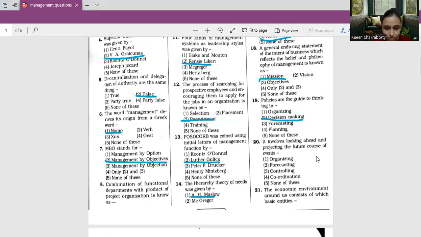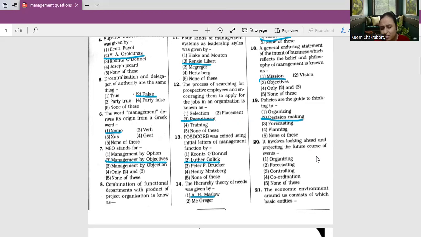Controlling also does not, because this depends on planning. As the team functions, so will the controlling depend. Coordination is team management, so it will change from time to time and we cannot apprehend that in the future. So forecasting is the term that is left, and when we're talking about the future course of events, it's always forecasting.